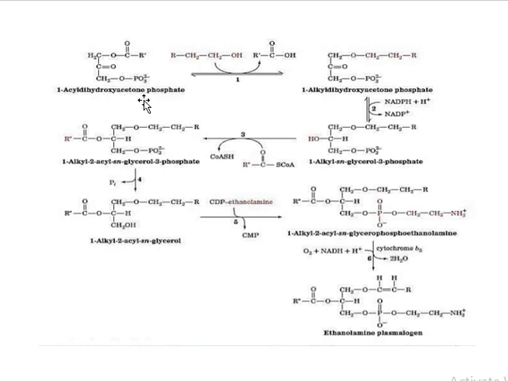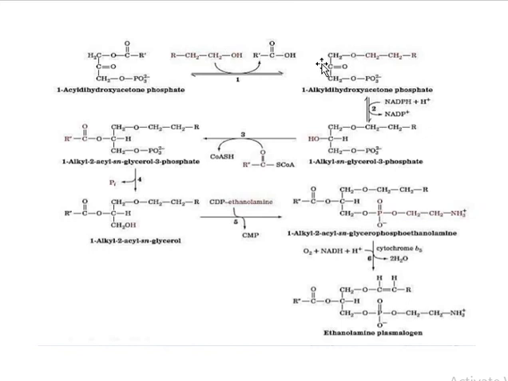In this diagram, we can see clearly that in the synthesis of plasmalogen, first of all dihydroxyacetone phosphate is acylated with a fatty acid at the first carbon, and then this 1-acyl dihydroxyacetone phosphate reacts with an alcoholic group which displaces the fatty acid from the first carbon to become the 1-alkyl dihydroxyacetone phosphate.